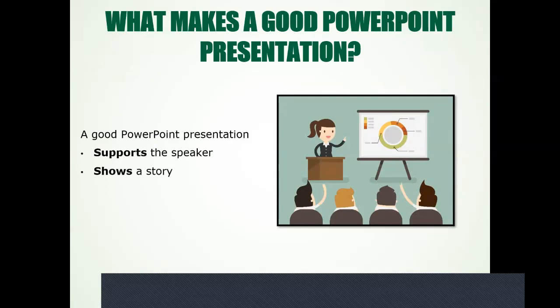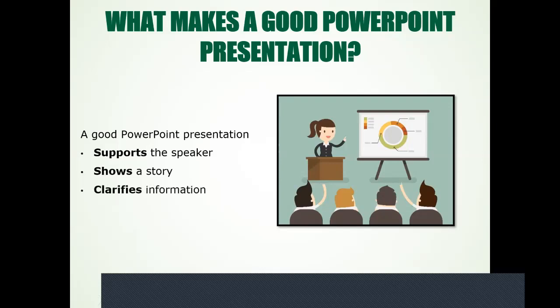PowerPoint slides show a story, so there needs to be a natural outline to the slides: an introduction, body slides with supporting evidence, and then a concluding slide that gives the audience a summary of what was discussed, as well as a chance to ask questions. And then, clarifies information.